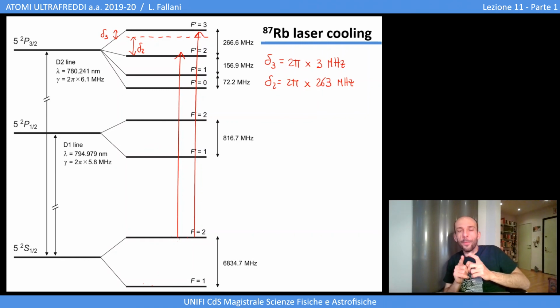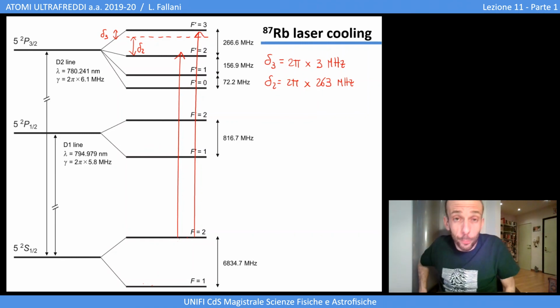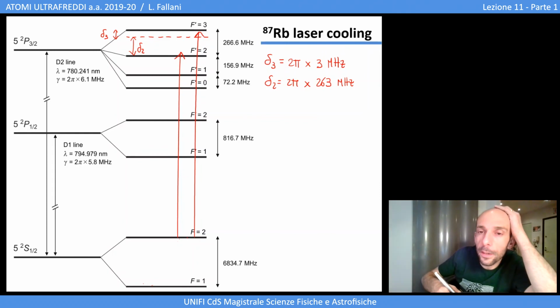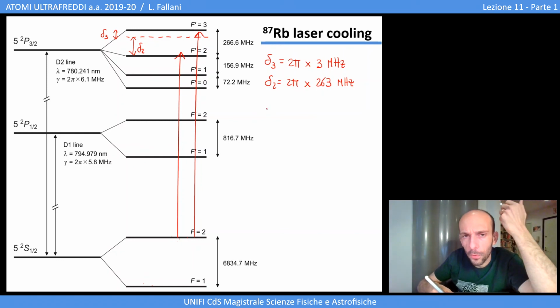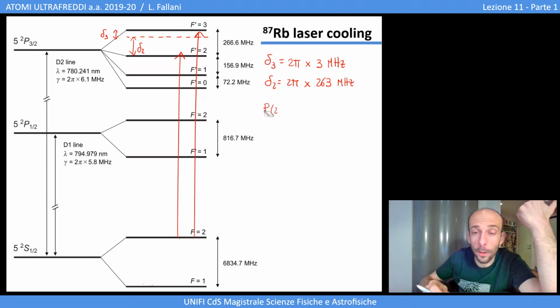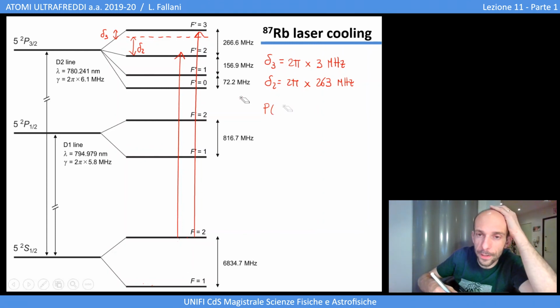Let's evaluate this probability. We know that the probability of absorption has a Lorentzian line shape. So let me consider the probability of the process of excitation to the f prime equal 3 state.